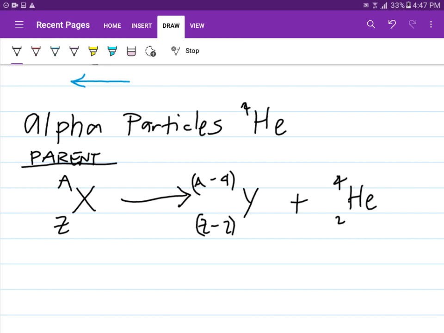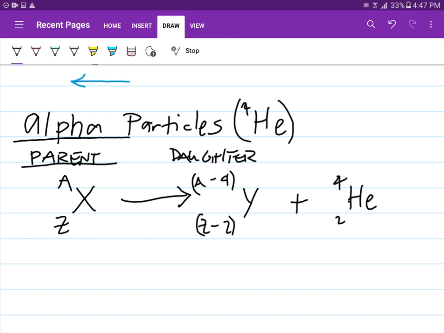The alpha particle has two protons and 2 neutrons. So this is the parent, and this is the daughter nuclei.